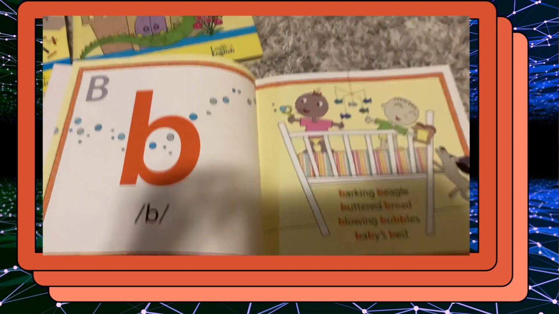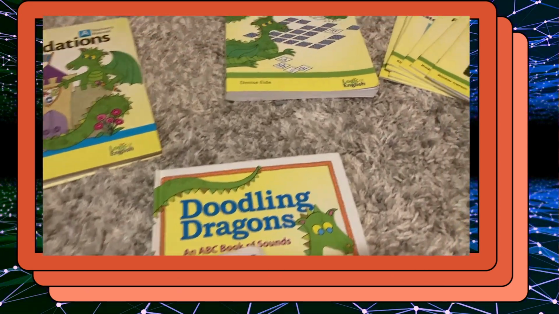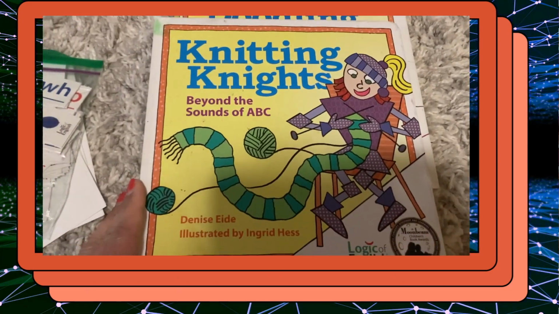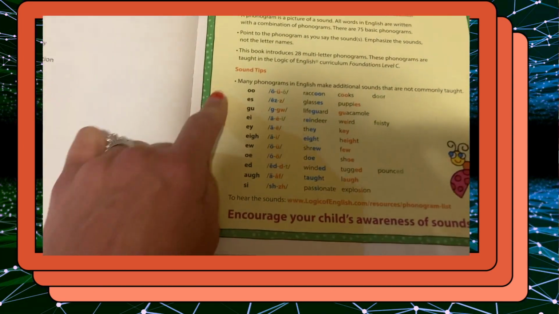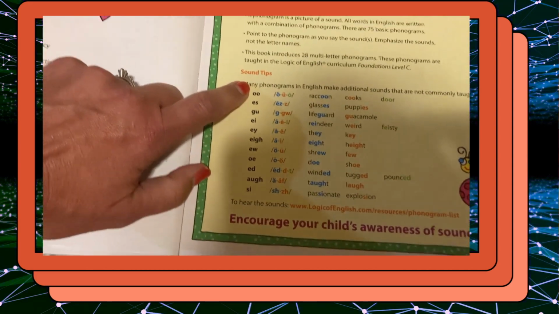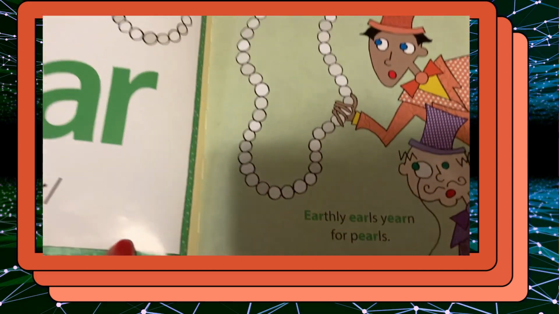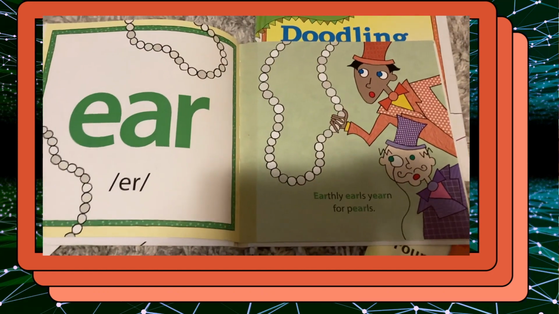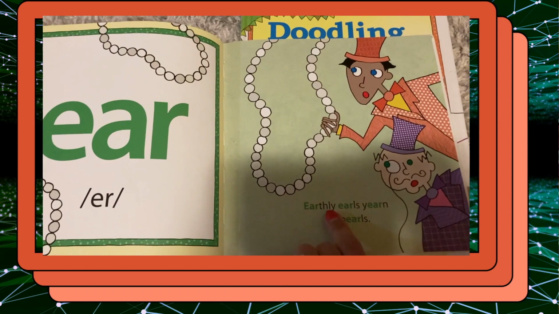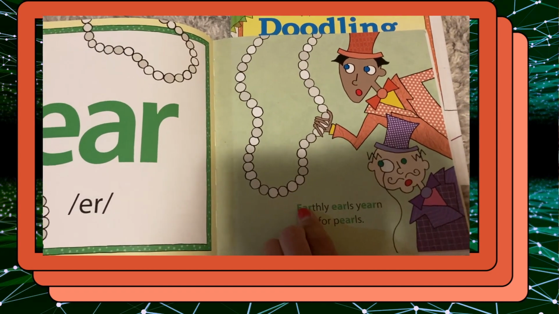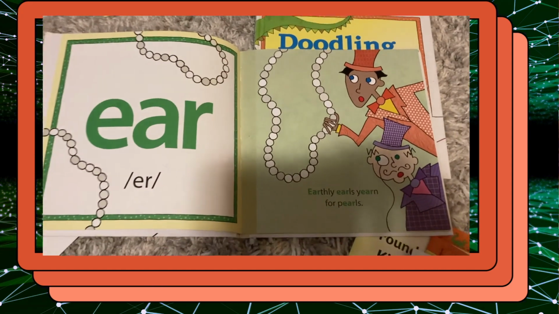That they can then learn that sound. As they get a little bit bigger, there's another one called Knitting Nights, Beyond the Sounds of ABCs. In the beginning, it tells you all the phonograms that are going to be in this book. And then here's an example, like EAR says... So then there's going to be a song that goes and it'll have earthly earls yearn for pearls. So a lot of fun.